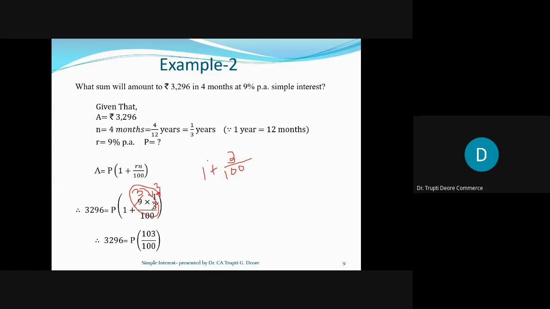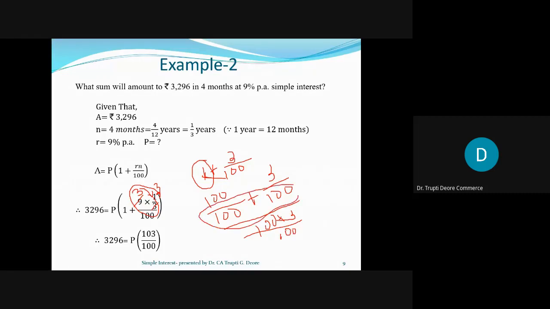There is no 100 for 1, so we multiply it by 100, so it becomes 100 divided by 100 plus this 3 by 100. So the denominators become equal. It becomes 100 plus 3 divided by 100. It's a common denominator, so we add 100 plus 3 and get 103, and the denominator is 100.